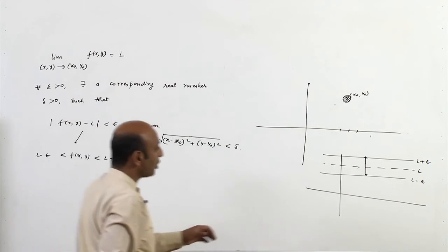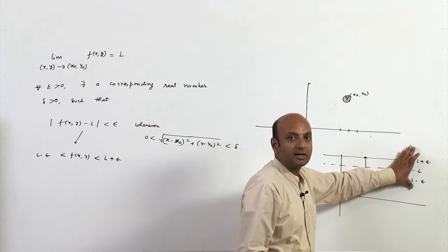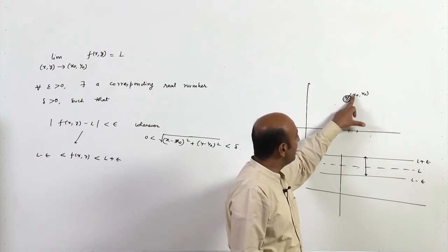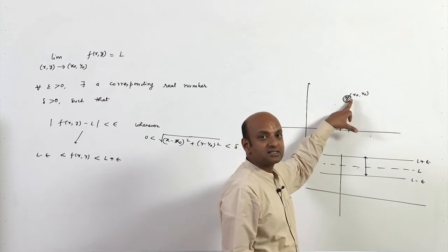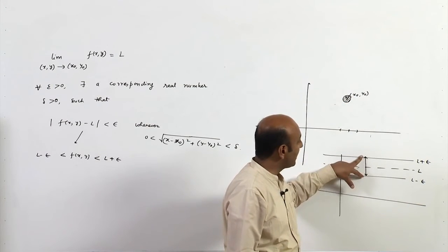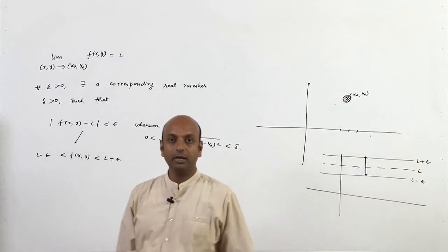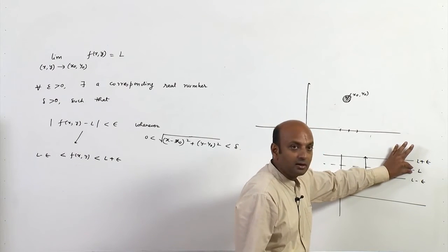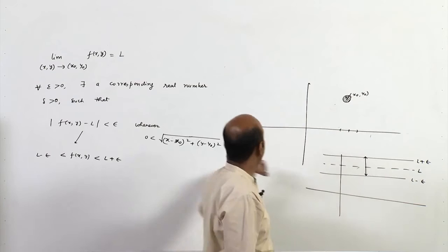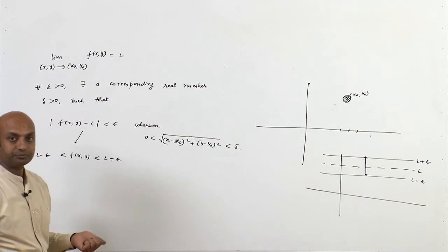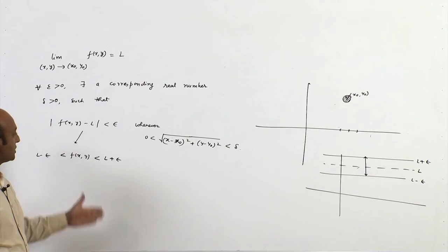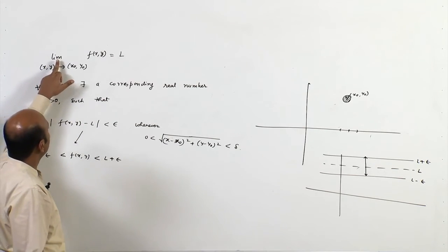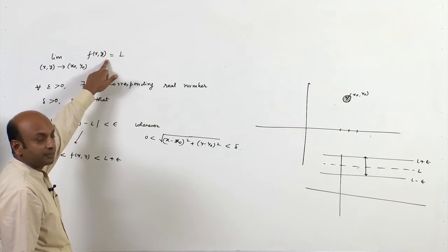No matter how small or how large epsilon you take, there will always exist a corresponding delta such that the image of all those (x, y) lying in this disk will be totally contained in this band. So, as epsilon tends to 0, this tends to L and this tends to (x naught, y naught). So, this is how we can define the limit for two variable functions.